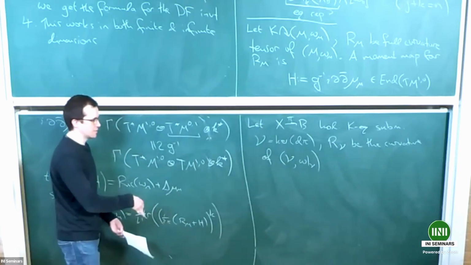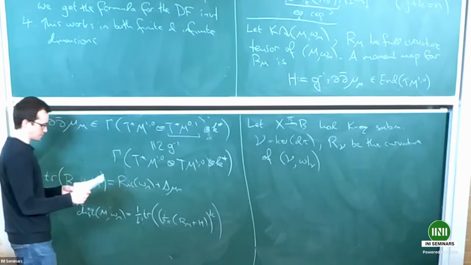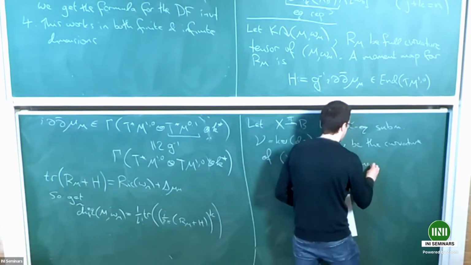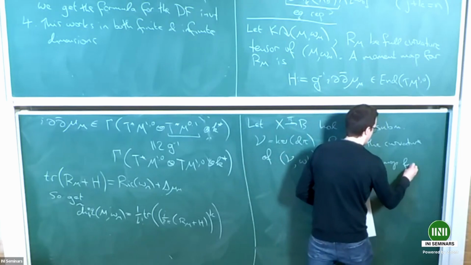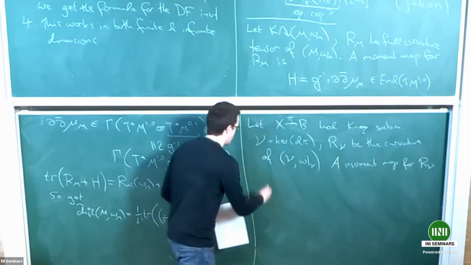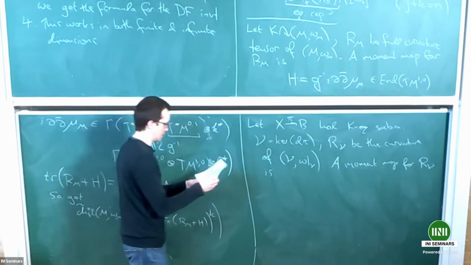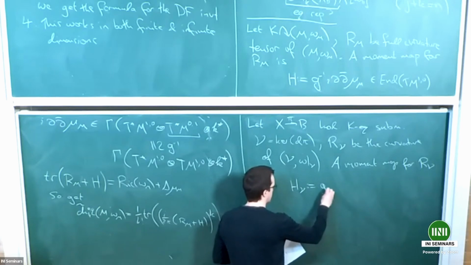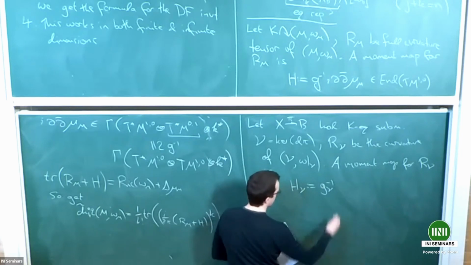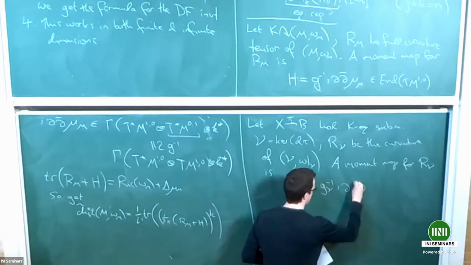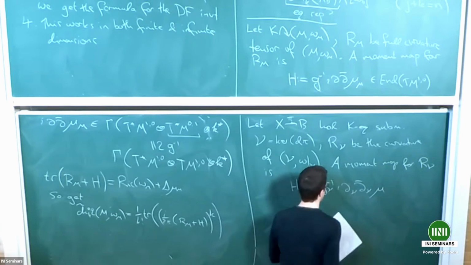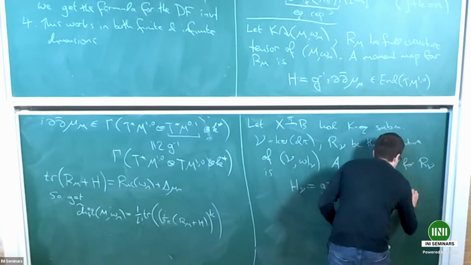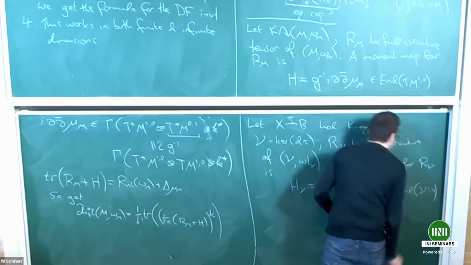So ω defines a Hermitian metric on the vertical tangent bundle. And then I get a moment map for R^V, which is the following. I write it as H^V, which is, now I just want the vertical metric, and I want to take vertical derivatives and use my moment map. And this is now an endomorphism of V^{1,0}.